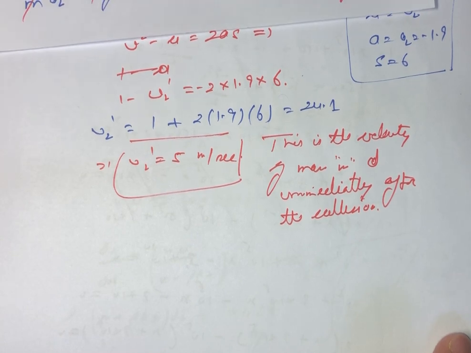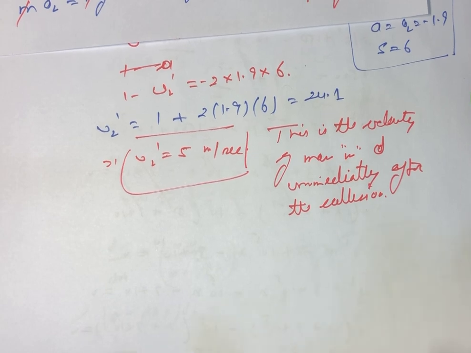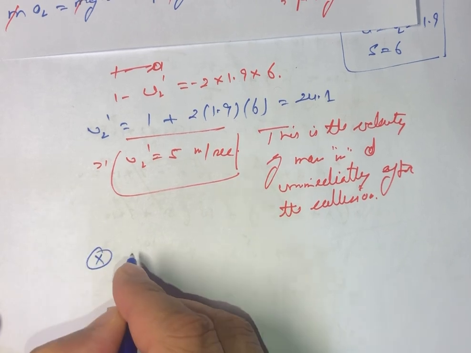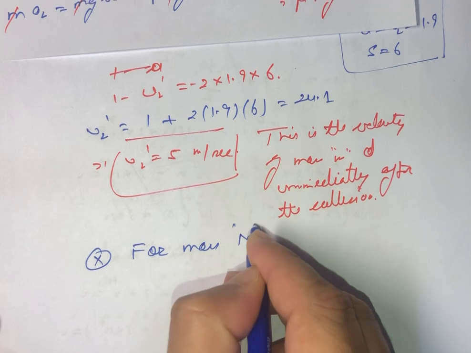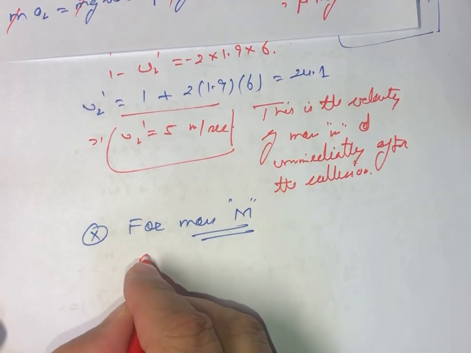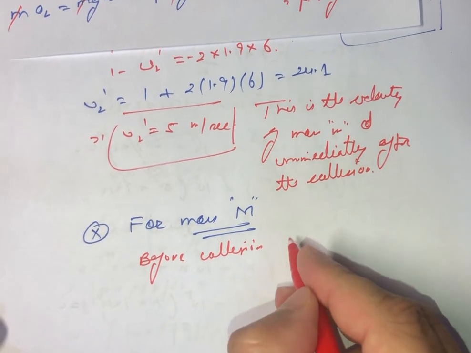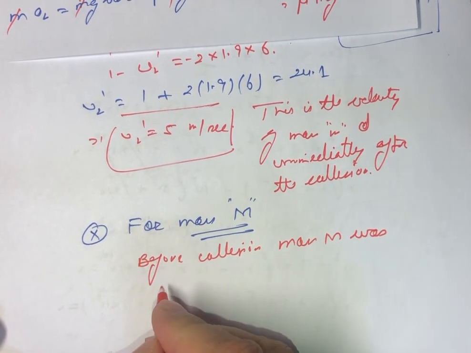Now we are going to concentrate for now on mass capital M. So initially the mass capital M was at rest. Initially means before collision. So for mass capital M, before collision, mass capital M was at rest.